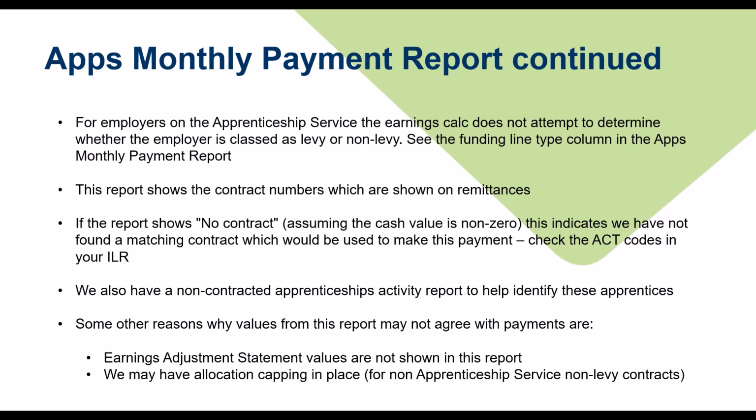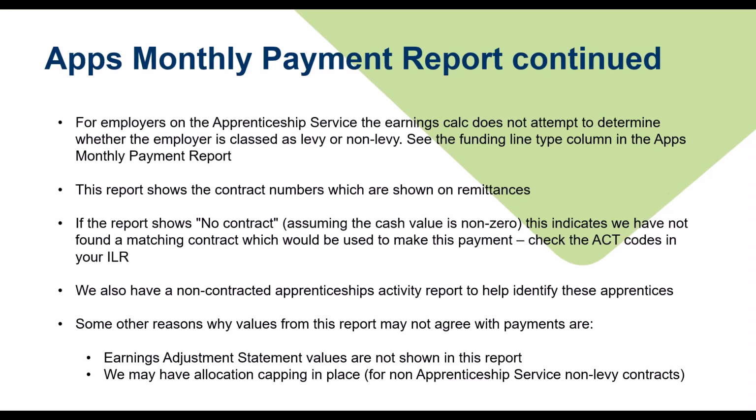This extra information is added to the funding line type in the app's monthly payment reports payment calculation, which means different funding line types are shown in this report. This report shows the same contract numbers which are shown in remittance advices.